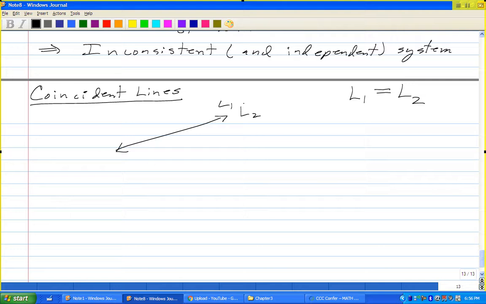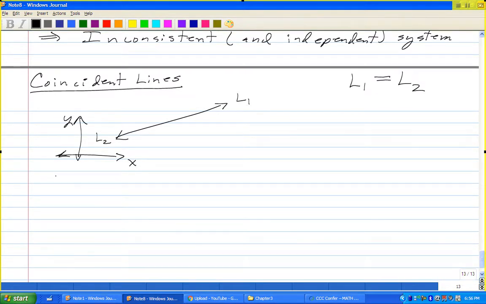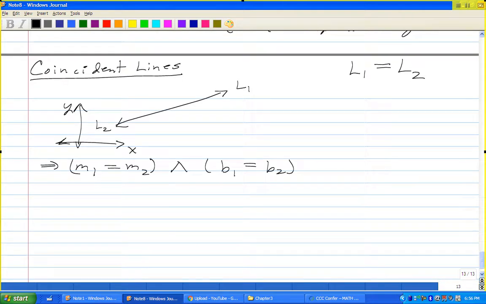So they're both the same lines. So this is both L1 and L2. So here's L1, L2, right? And they're relative to some coordinate system. So this is a case where the slopes are equal and so are the y-intercepts. Again, for the case of vertical lines, that would mean that the x-intercepts were the same.